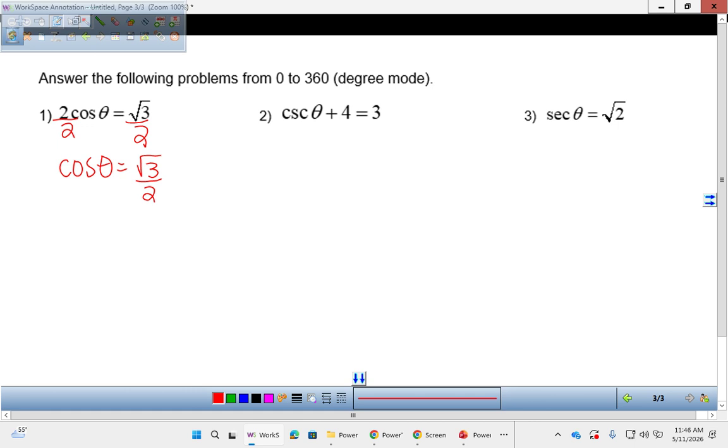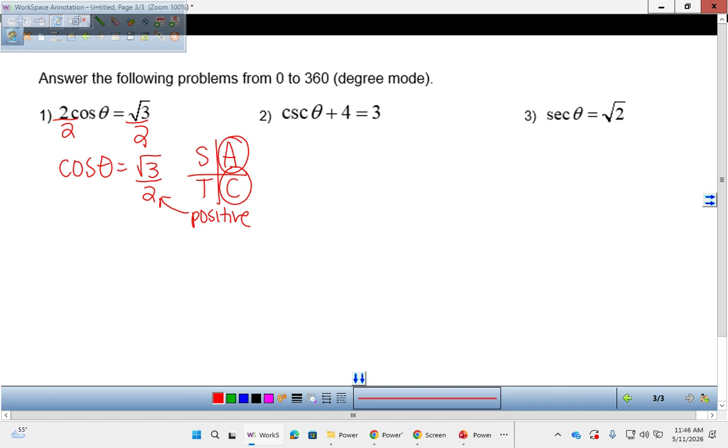So because I get a root 3 over 2, I'm going to have to pick two quadrants. Now this fraction itself is positive. So because it's positive and not negative root 3 over 2, I would pick the quadrants where cosine, because the problem's cosine, is positive. And cosine is positive in 1 and 4.